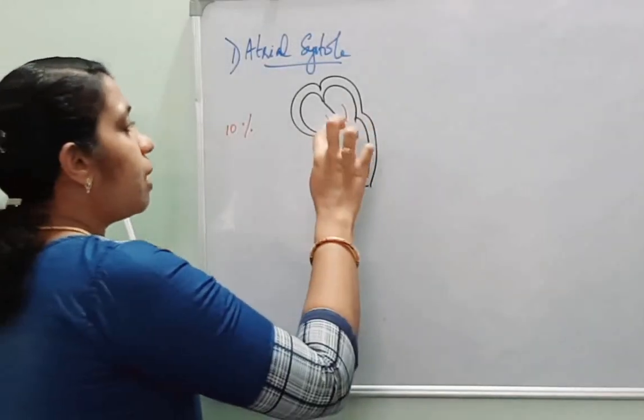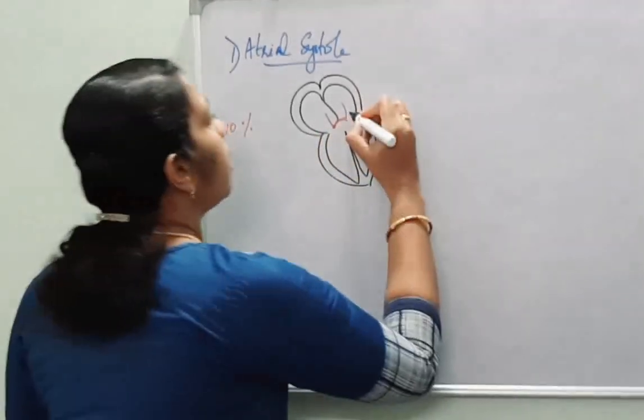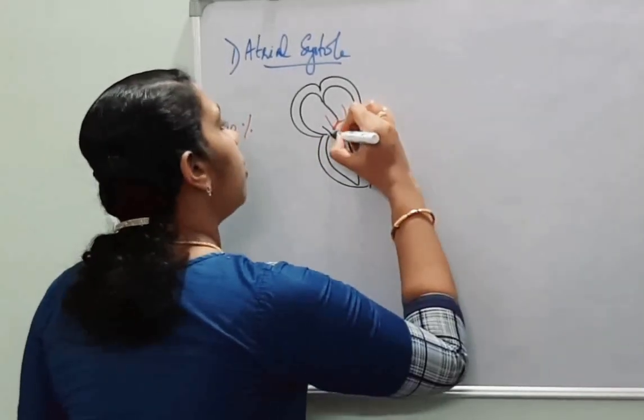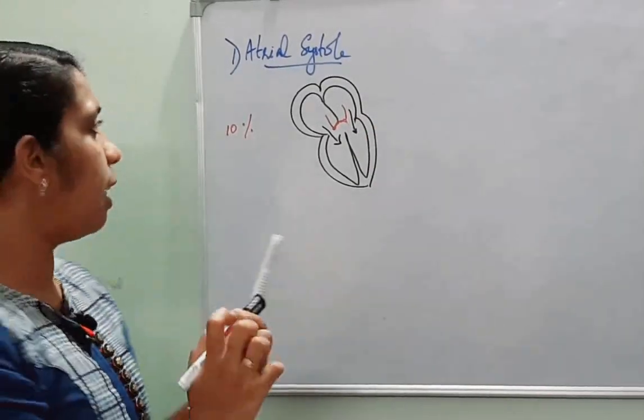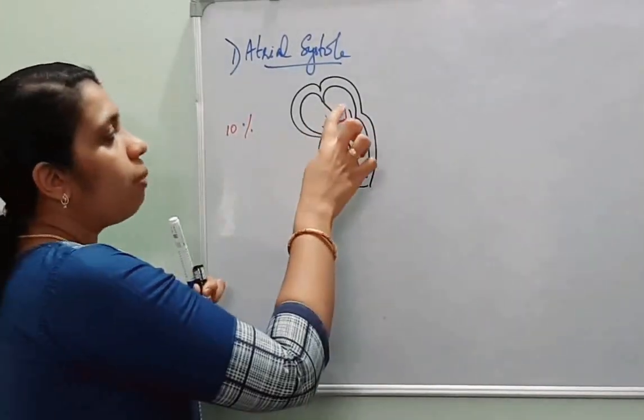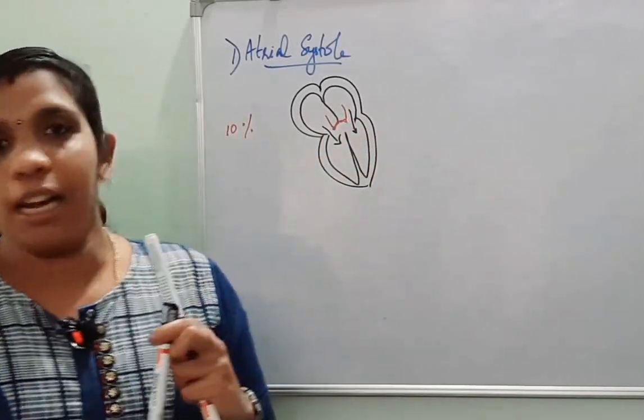This marks the pre-systole of the ventricle.